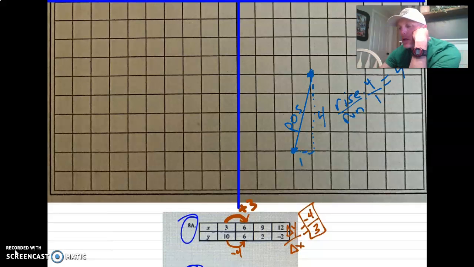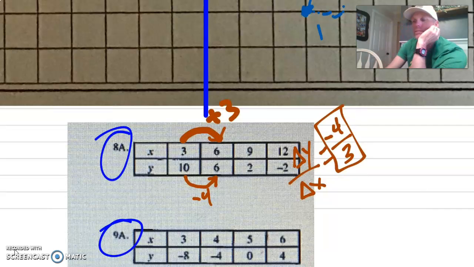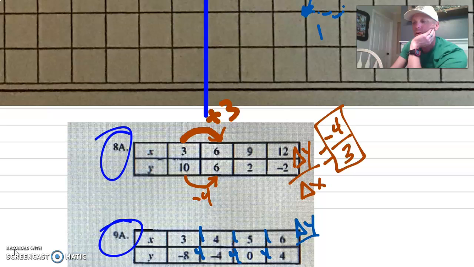Okay. So now let's look at it as a table. How's the x changing? It's going up 1. The y is changing by 4. Notice it's changing by 1 every time, and by 4 every time. So the change in y over the change in x. How's the y changing? By positive 4.